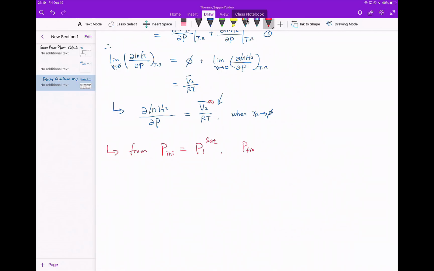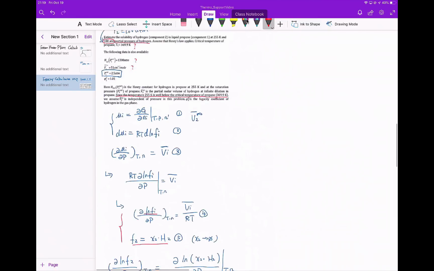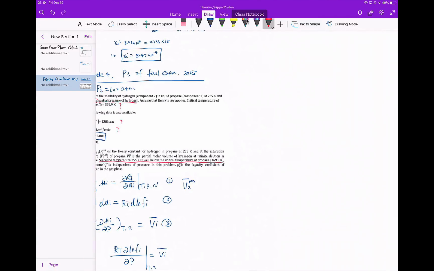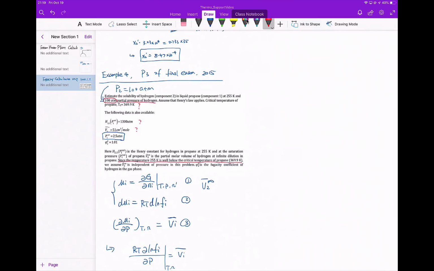What is that P2 final? From the problem statement we know P2, the partial pressure of hydrogen, is 118. How about P1?